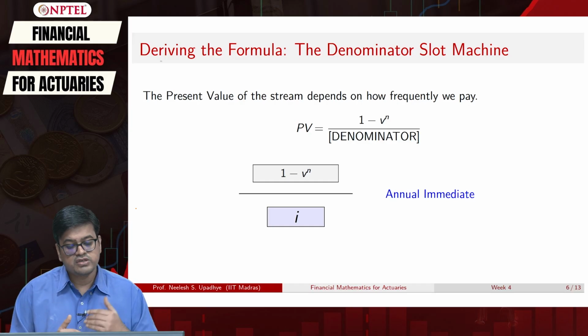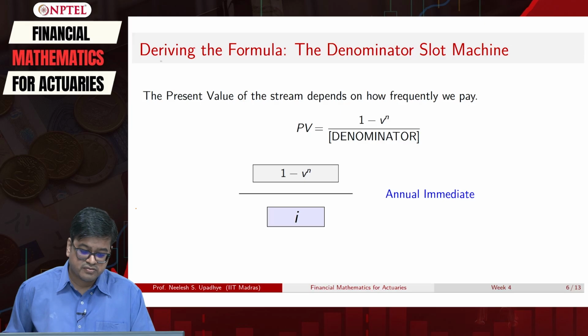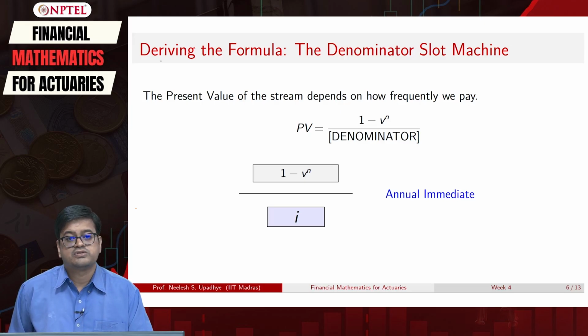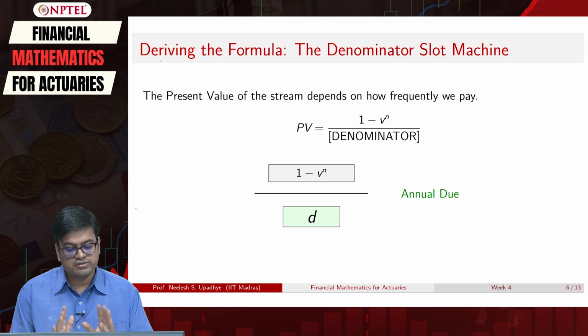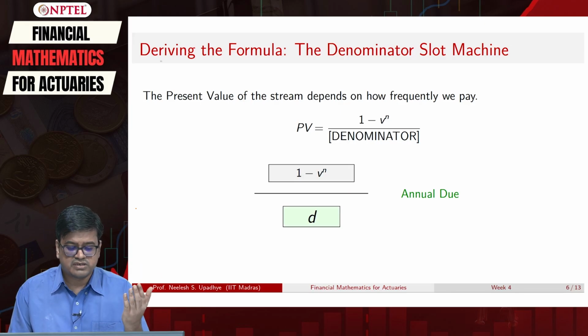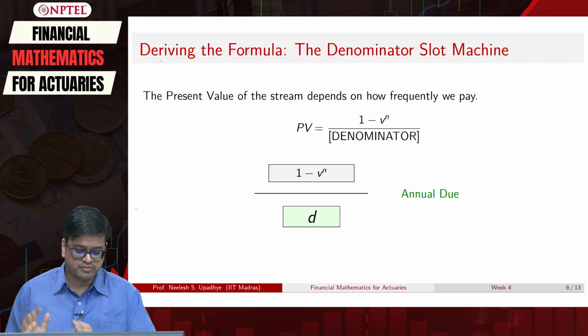Then we saw another interesting case where annuity due was there, and it was supposed to start at the beginning of the month, and therefore the discount factor was replaced with D. However, we noticed that this D need not be considered. We will work with the present value of the annuity and multiply it with 1 plus I. That was our understanding, and that was okay.